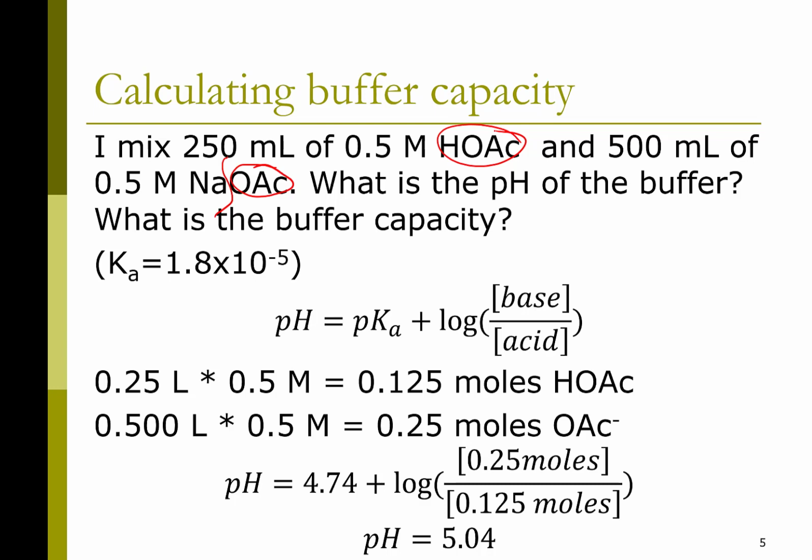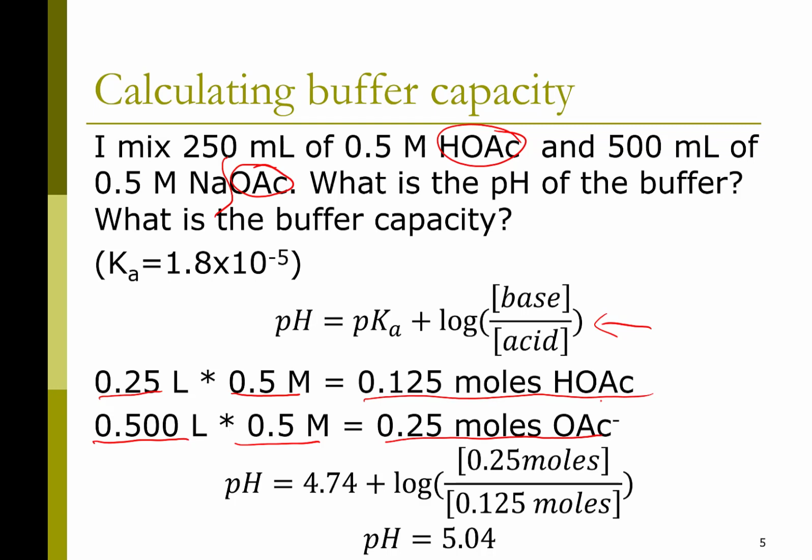I can calculate the pH using Henderson-Hasselbalch, and then from that, calculate the buffer capacity. Because it's just the ratio of concentrations and the volume is the same, I can use moles. 0.25 liters of 0.5 molar acetic acid is 0.125 moles of acetic acid, and similarly 0.5 liters of a 0.5 molar sodium acetate solution gives me 0.25 moles of acetate.